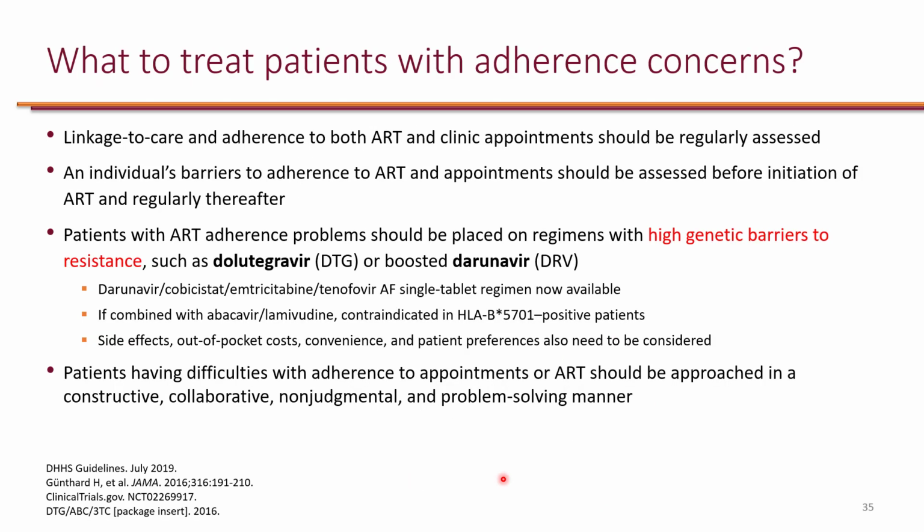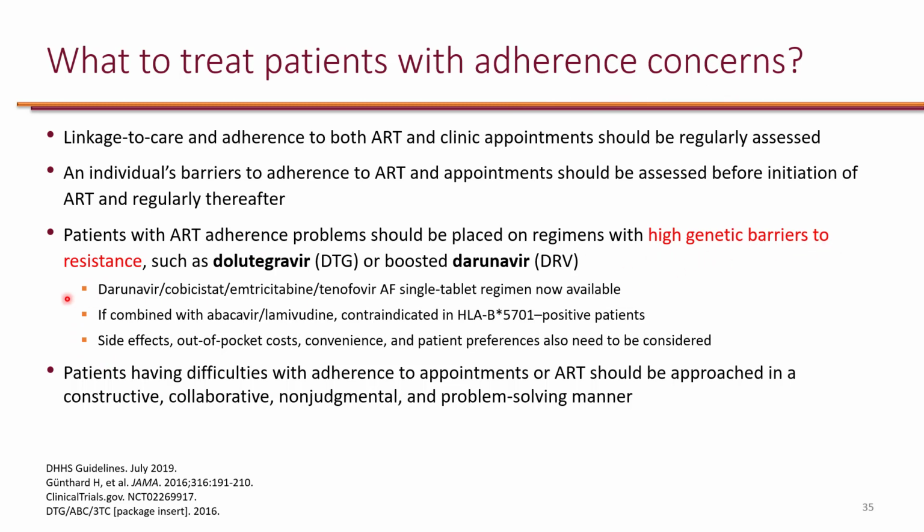Now the question is, if someone has adherence issues, we still need to treat them. So how are we going to approach it? Because nonadherence, as I explained, is going to lead to suboptimal exposure to the drug, and then selective pressure will lead to drug resistance, one thing we can do in patients who have adherence concerns is to use drugs that have a high genetic barrier to resistance.